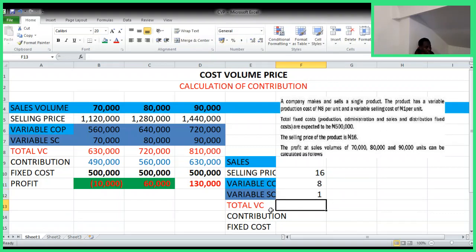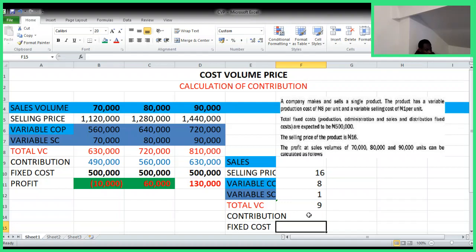So our total variable cost now is the addition of these two, which will give us 9, and we take 9 away from our selling price per unit.